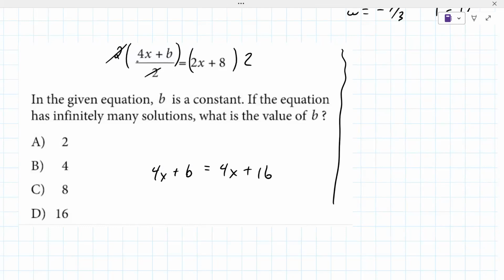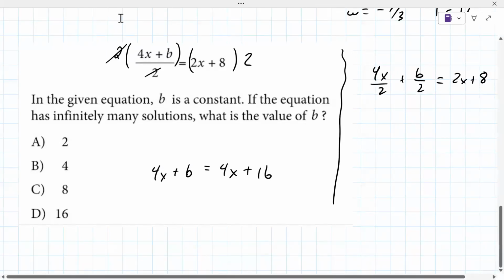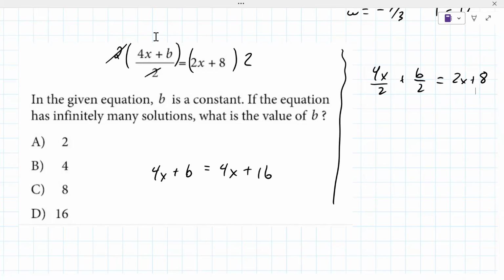Alternatively, you could just divide, which you'd get 4x over 2 plus b over 2 equals 2x plus 8. That would be okay to do as well. Okay, yeah, I did the first version at first, but I thought I did it wrong. It's okay. Why don't you see if you can solve it from here? So just be D. Yeah.